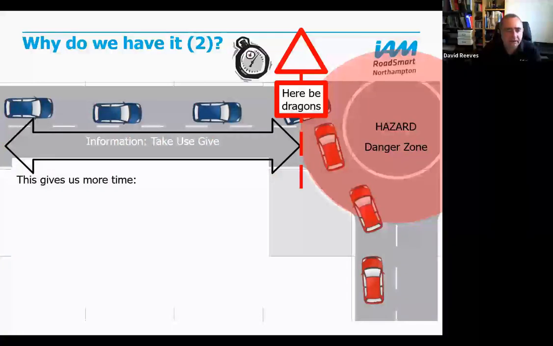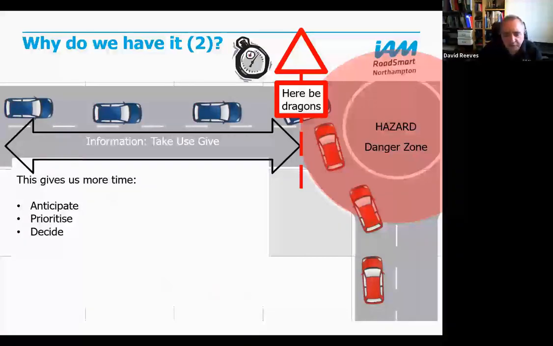So what this is doing for us is giving us more time to anticipate what's happening, to prioritize what we're going to do about it, and decide what our actions are going to be. So this seems straightforward.